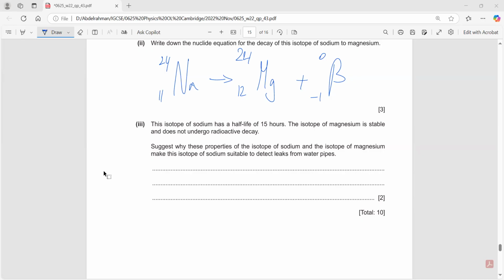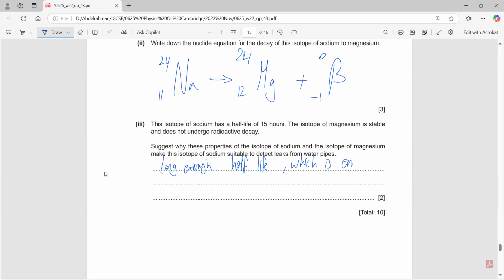But for this case, 15 hours is a long enough half-life, which can help us detect the leaks.